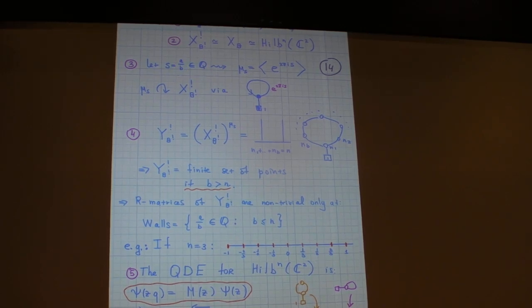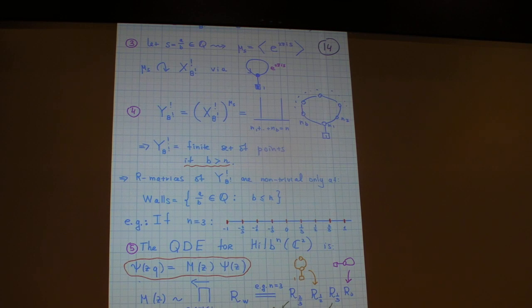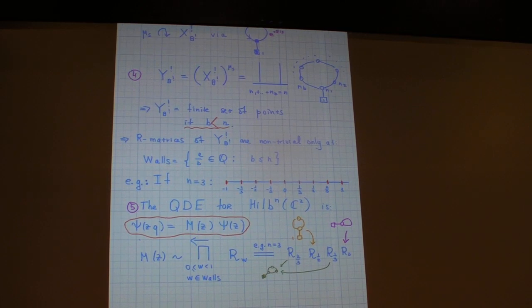So the upshot is that this variety might be something non-trivial if b is, I guess it's the other way, it's supposed to be, if b is less than n. If b is too big, you get a very long cyclic quiver variety, and some of the dimensions of this quiver variety will be empty, so it will be just a collection of points. But for the other choices, you have some interesting quiver varieties.